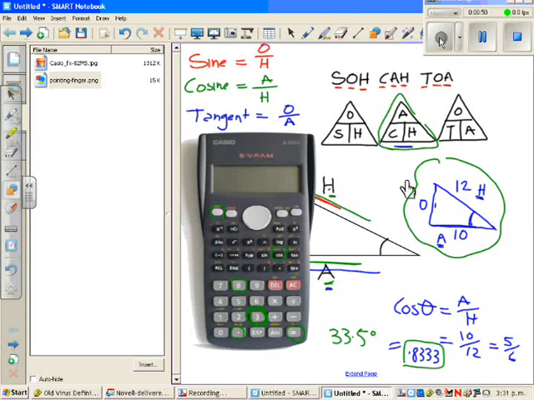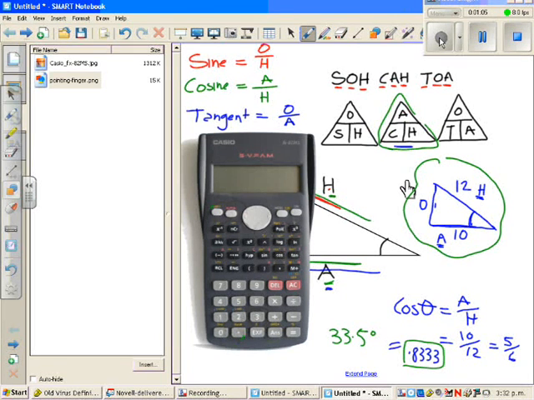Just to check on that now, we can clear that out and we can put 33.5 degrees into our calculator and find out the cosine of it to find the ratio.